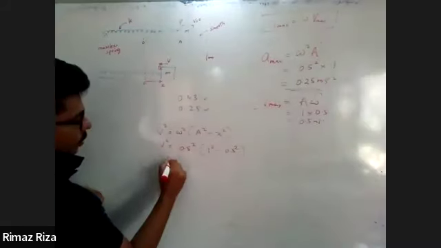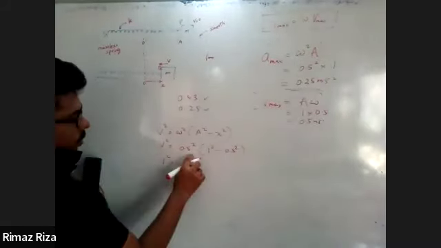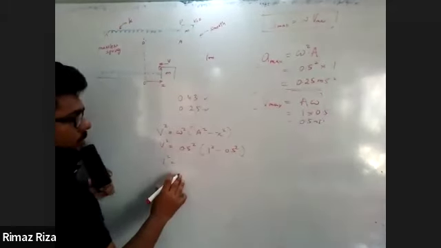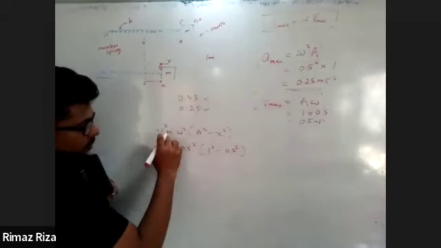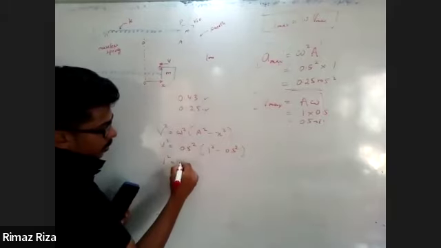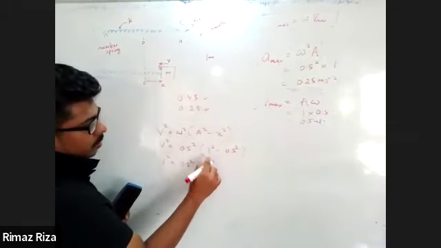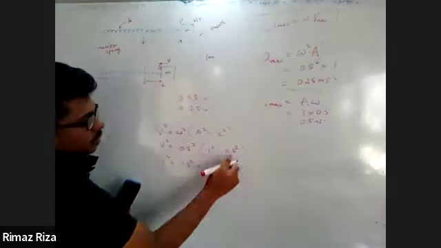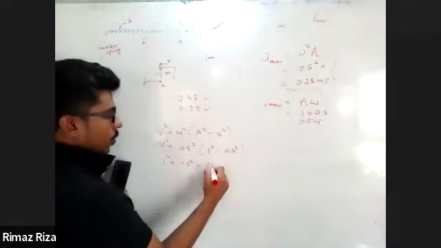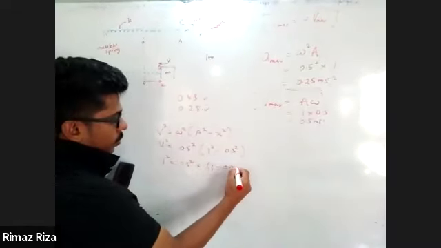I'm not going to square this out because then I have to take the square root again. So I keep it as a square: 1 squared is 1 minus 0.5 squared is 1 minus 0.25.